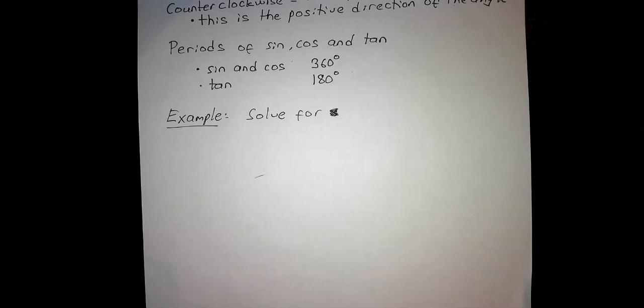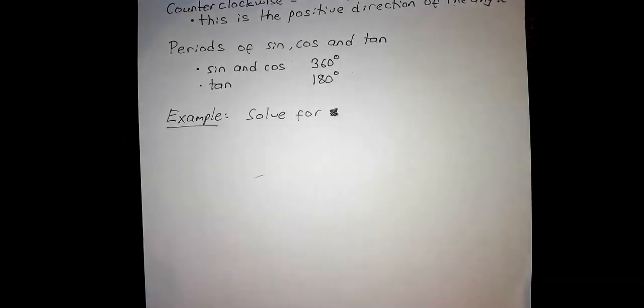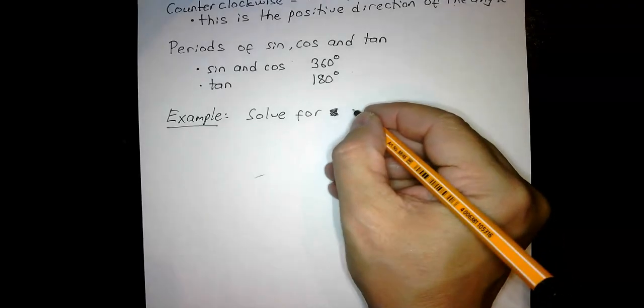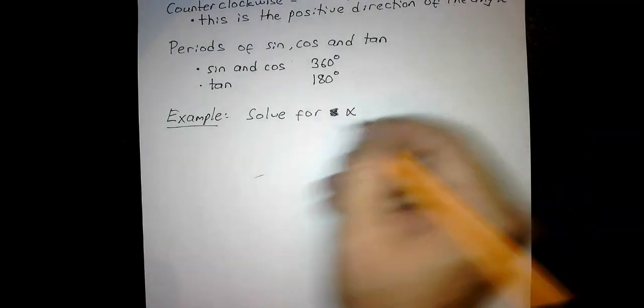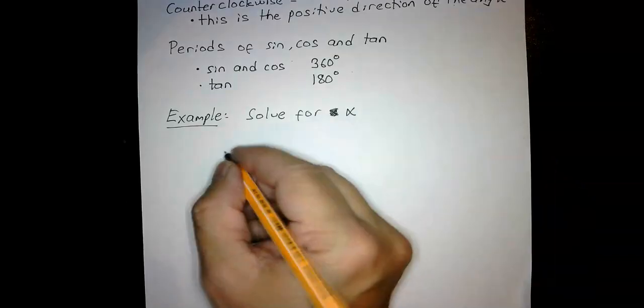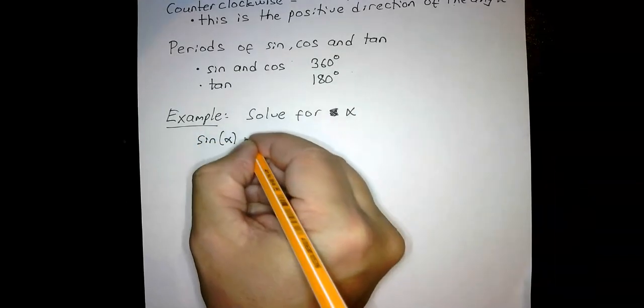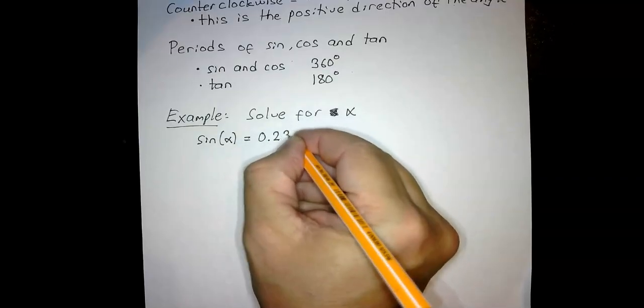And right now I want to solve this equation using degrees. So solve for alpha, and the equation is sine alpha equals 0.237.